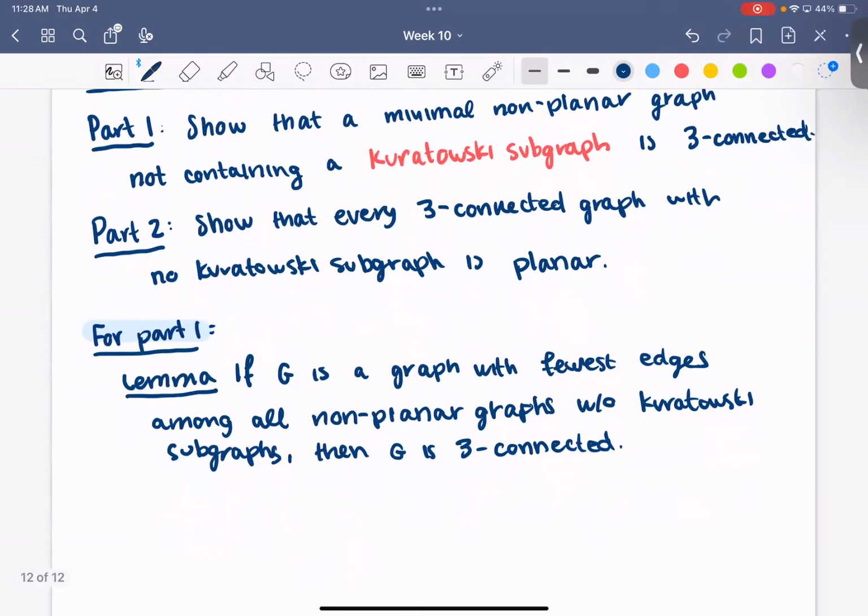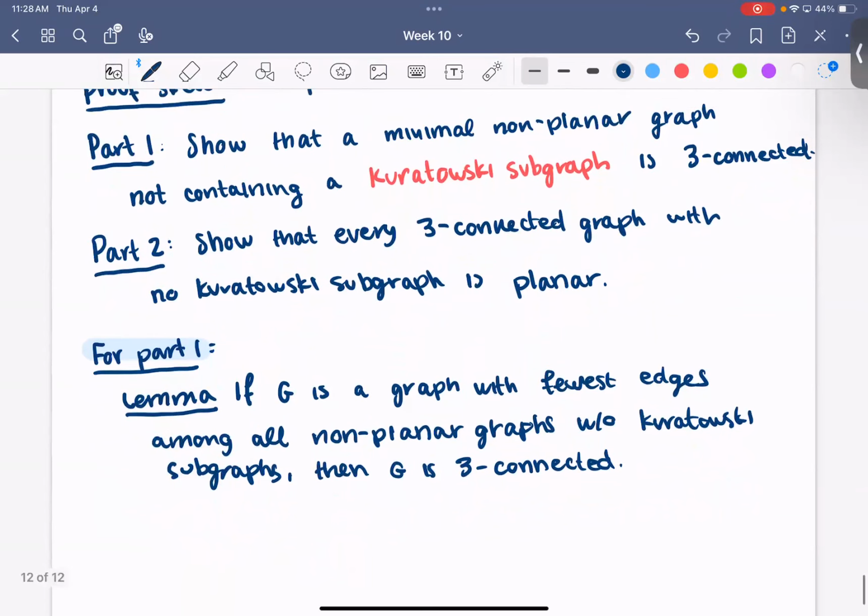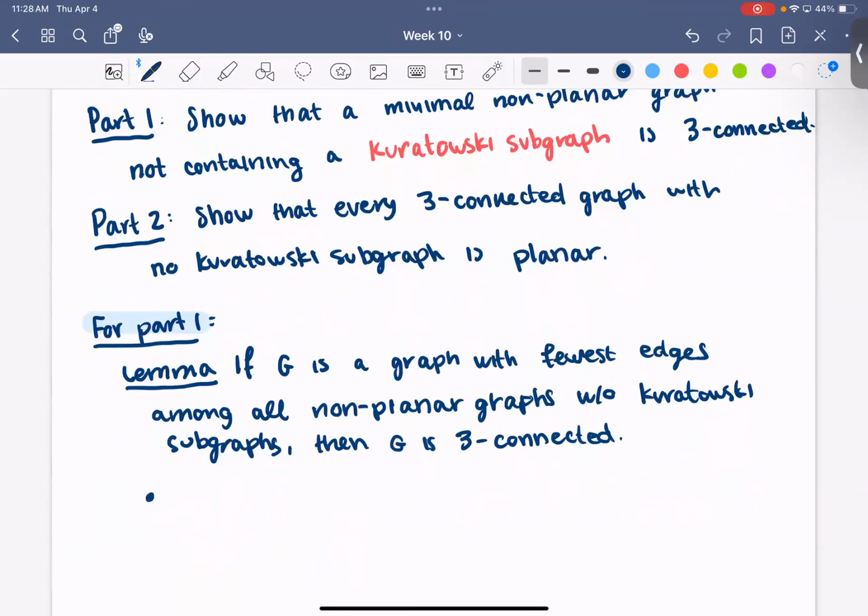Okay, so here are the steps to prove this. We want to prove it's 3-connected. So we need to prove that it's connected, that there's no cut vertex, and that there's no separating 2-set. So that's what the steps are going to be.